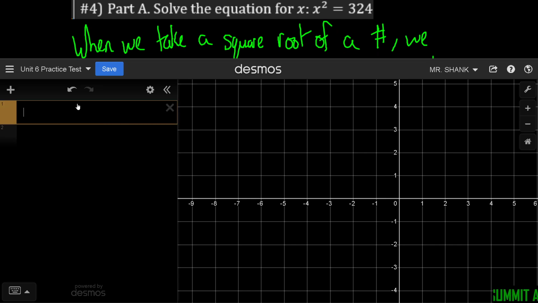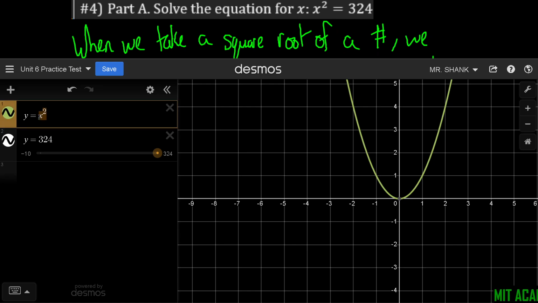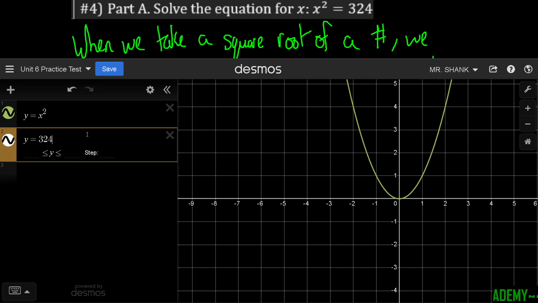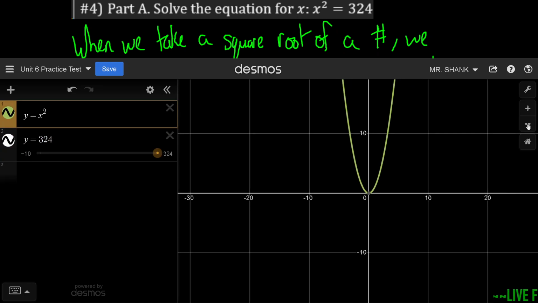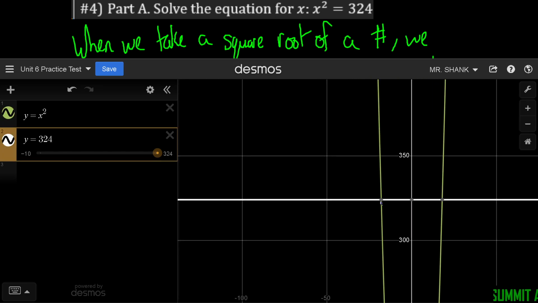And I can demonstrate that on the graph as well. So I can say, okay, one of my equations is x squared, and my other equation is y equals 324. So what you have to do is graph out the left side of your equation, graph out the right side of your equation, and find where they cross. For this one, I'm going to have to zoom out a bunch, but I find where the two lines meet.